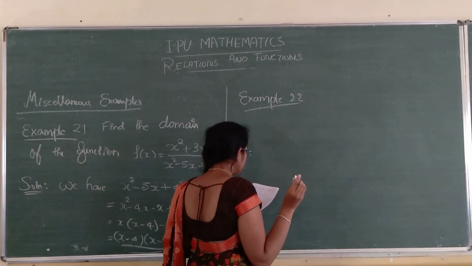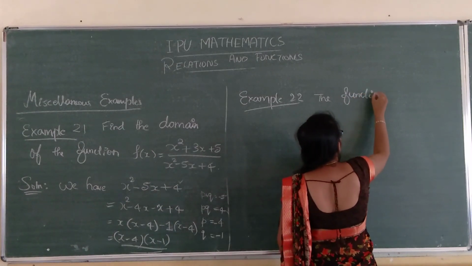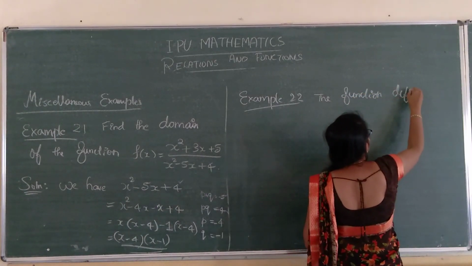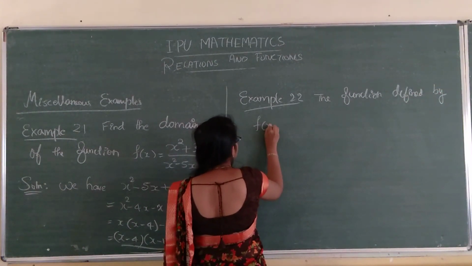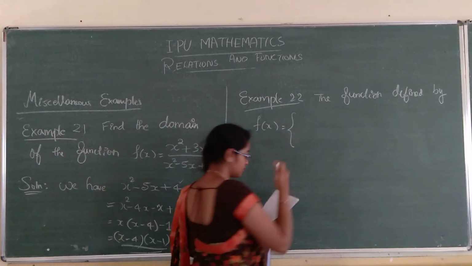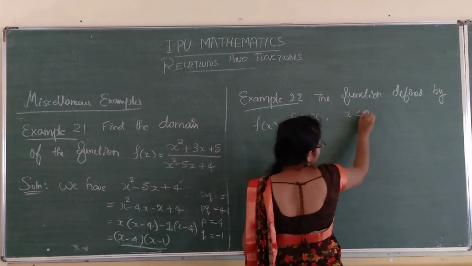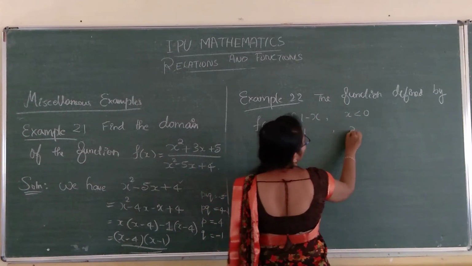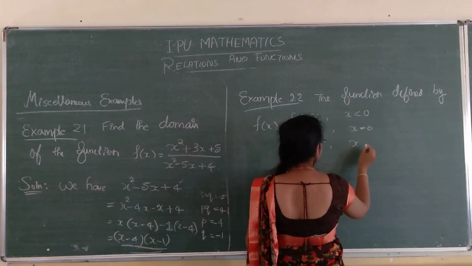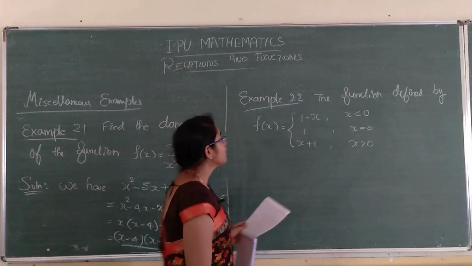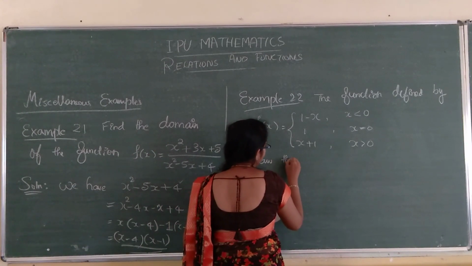The function defined by f of x is equal to, they have given the function in three ways: 1 minus x for x less than 0, 1 for x equal to 0, and the last one is x plus 1 for x greater than 0. This is how they have given. Draw the graph of f of x.